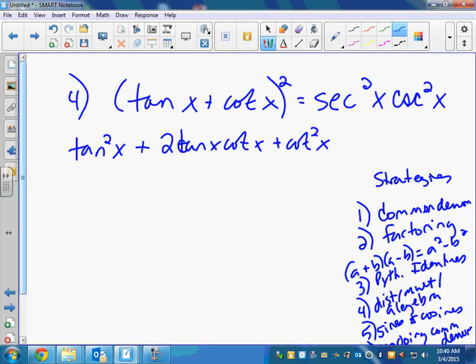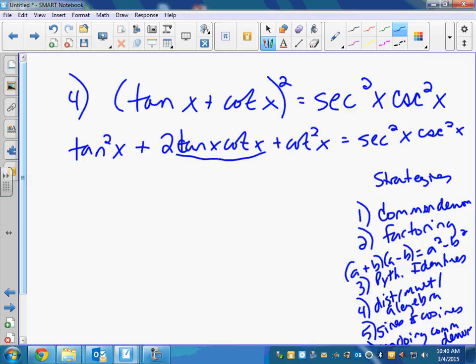You agree with that? Also remember that you're supposed to just work with one side. So I picked to work with this side, and I'm going to try to turn it into this side. So then it becomes, what can I do? For me, look right here. What's tangent times cotangent going to be?